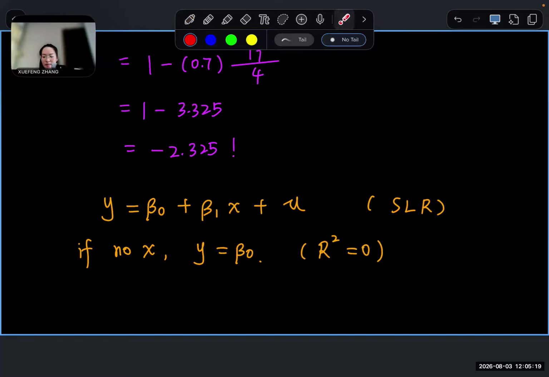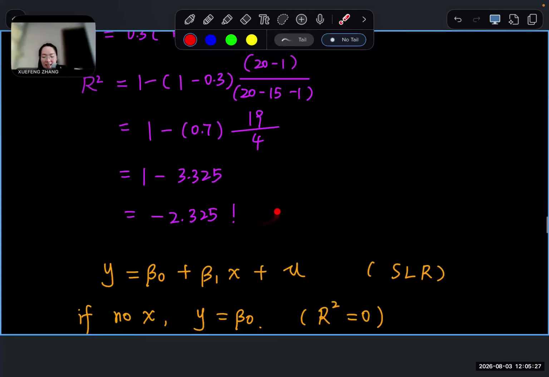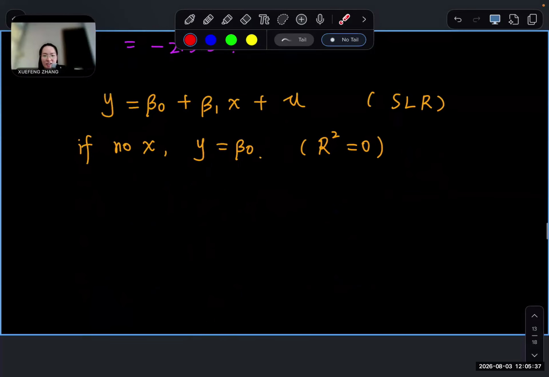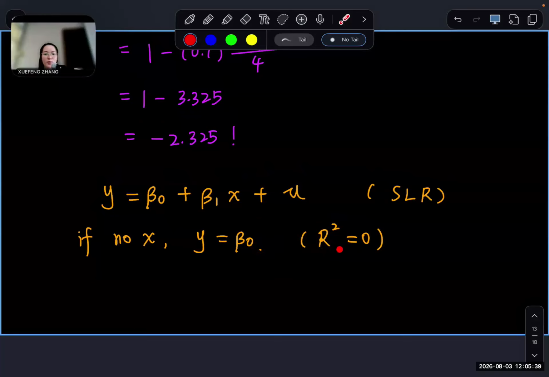If no regressor, y equals beta 0 and r squared equals 0. So a negative adjusted r squared means your model, despite having 15 regressors, fits worse than just using the sample mean to predict everything. Okay?